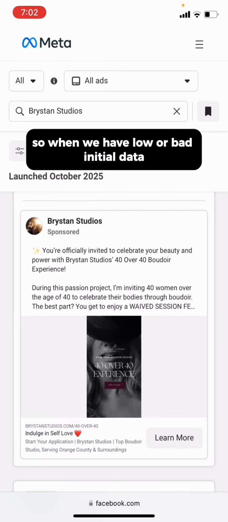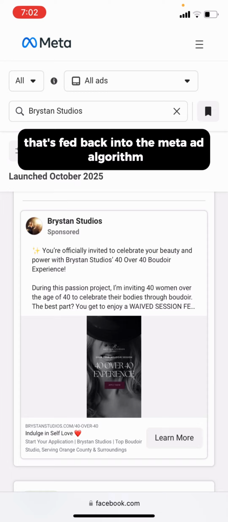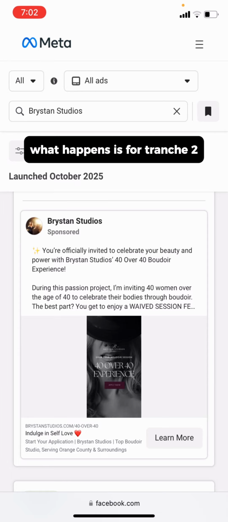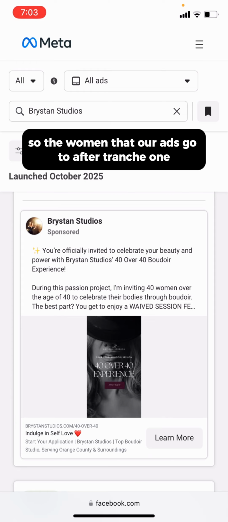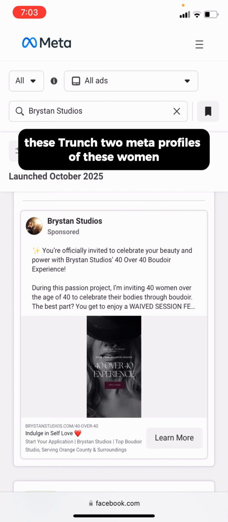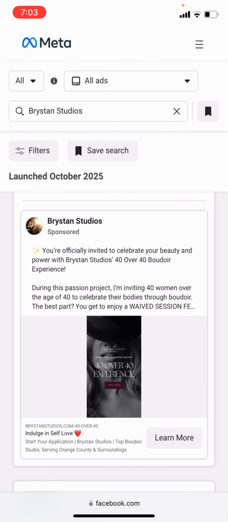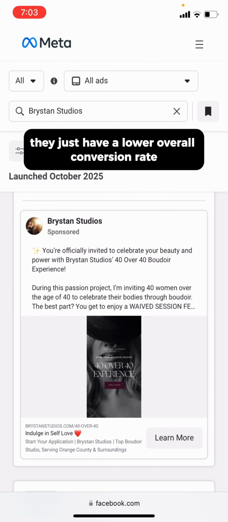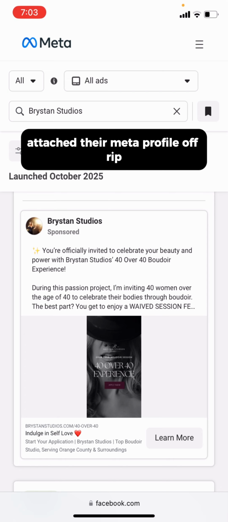So when we have low or bad initial data fed back into the algorithm, the women in tranche 2, the women our ads go to after tranche 1, have a lower overall conversion rate attached to their Meta profile off the bat. They're basically lower quality Meta profiles.